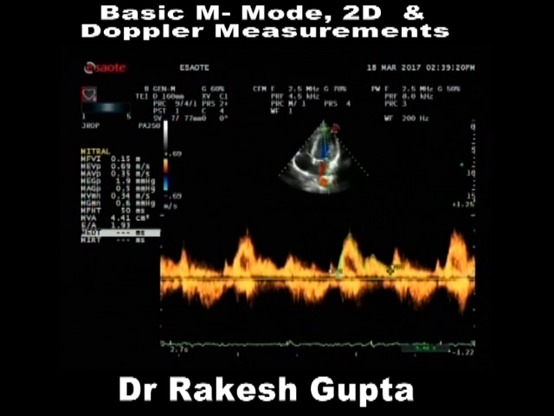It has given you many things, but what all we need is peak velocity, peak gradient, mean velocity, mean gradient, and velocity time integral. Correct? VTI. Also called FVI, flow velocity integral. The name is different.